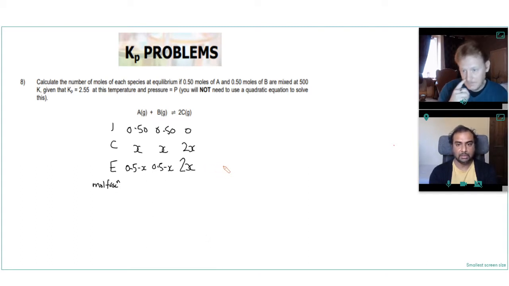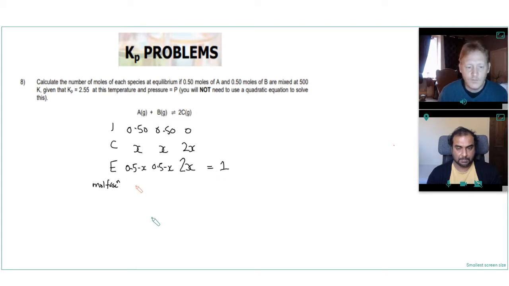That's it. I can do that just roughly in my head. Minus x plus 2x will be no more x's. 0.5 plus 0.5 gives you 1. Excellent. So we can write down our total number of moles at equilibrium is 1.